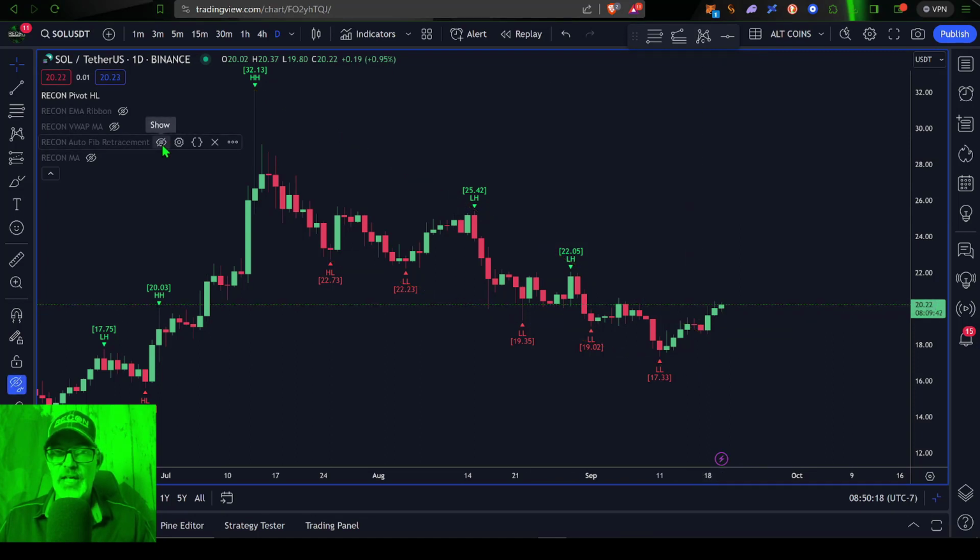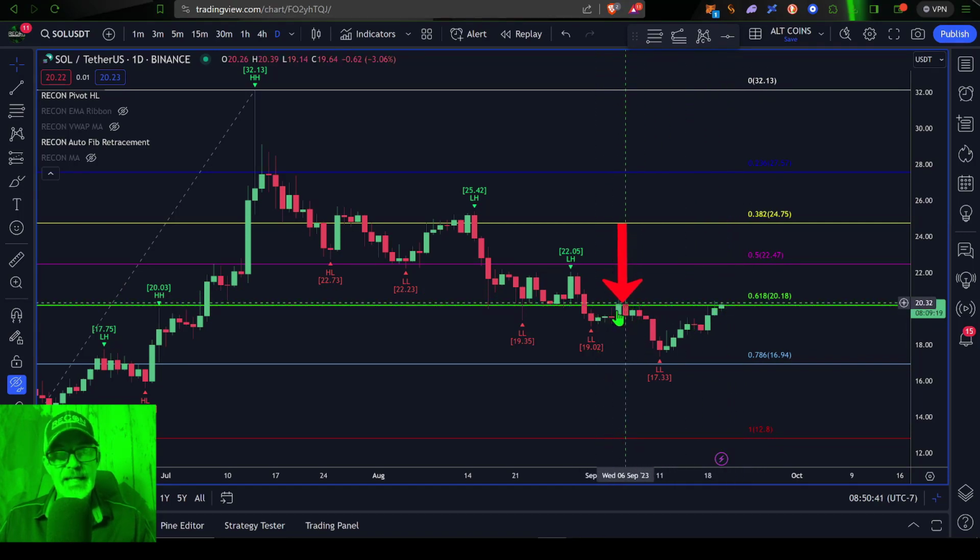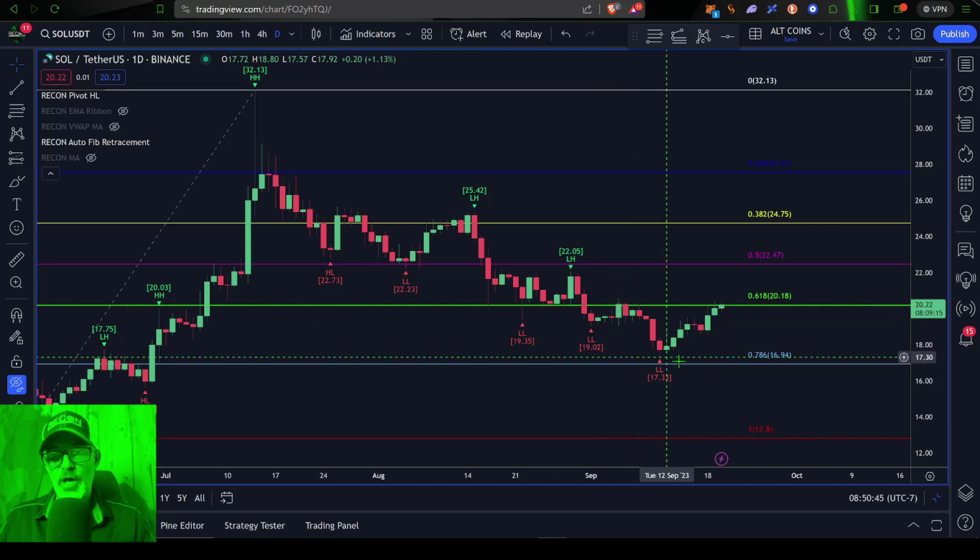And to take a look at the different levels of resistance and on the flip side support, we can drop in the Recon Auto Fib Retracement Indicator, and you can see right away the 0.618 level at around $20 is a key level of resistance. You can see back here where SOL's price rejected at that level and sold off, found support at the 0.786.